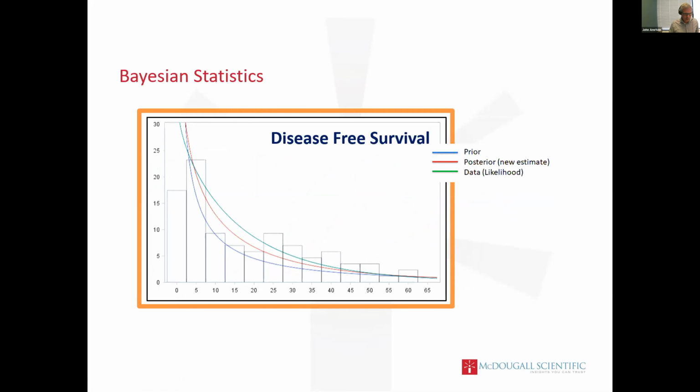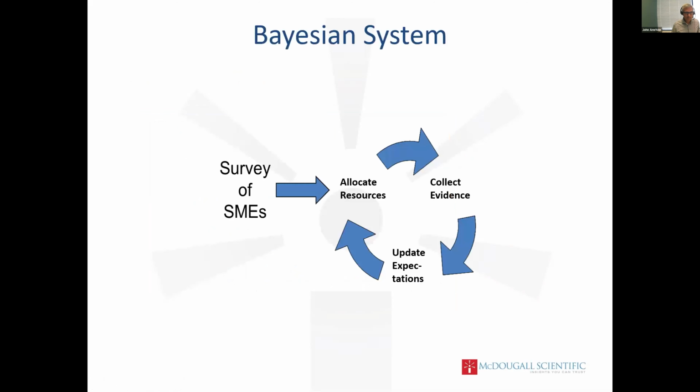Here's a real-life example for disease-free survival. The blue is the prior, the green is from the data that we collected in a current study, and the new estimate is the red curve. If we're not done, we're going to conduct new studies, then this posterior or new estimate, the red curve, becomes the prior for the next study as we plan that next study.